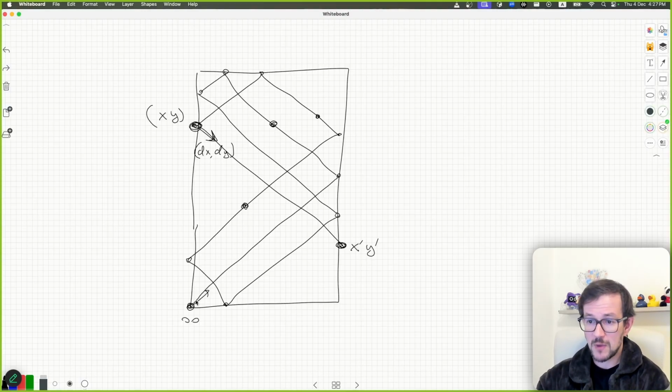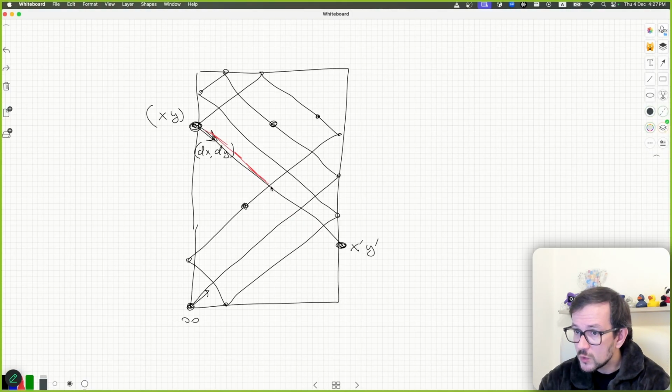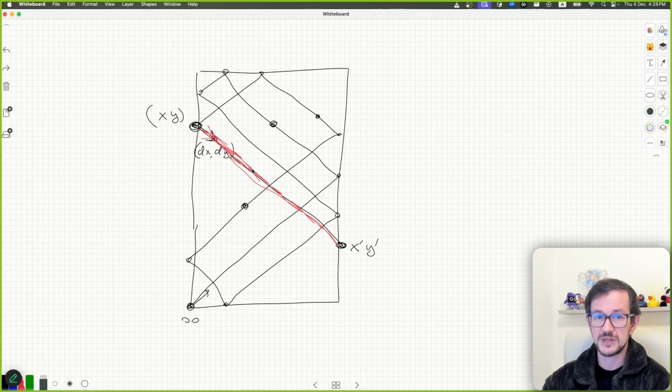Every time I move from one point to another, like from here to here, I need to find all the sensors which belong to this line. We can remember, for each line, all the sensors which belong to it.